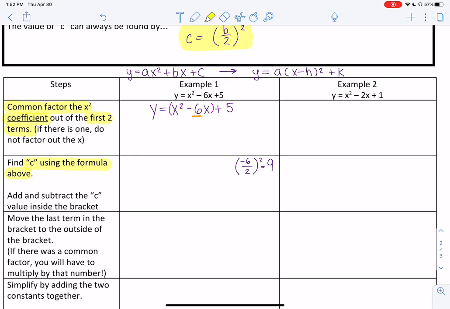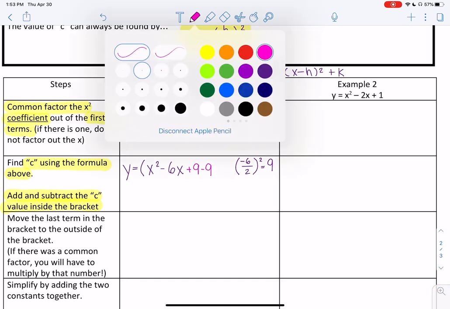And now we're going to add and subtract that inside the bracket. So all I'm going to do is write out my equation exactly as it appeared before with my brackets. But now the change is I'm going to add that magic number we found and subtract that magic number we found.